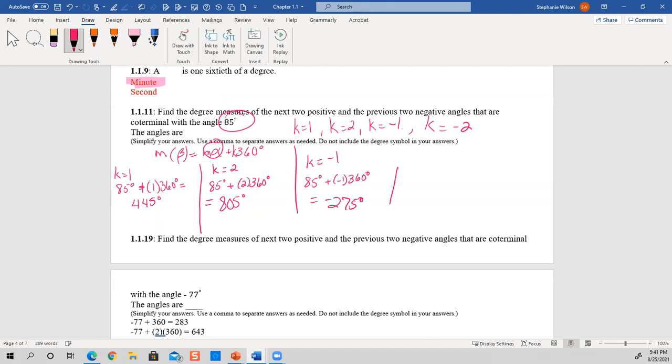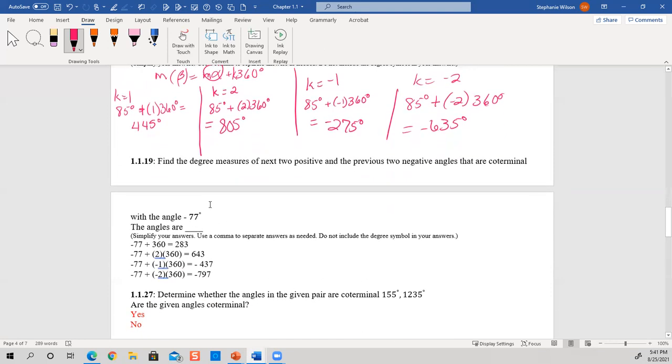And the last one, when k equals -2. -635. Very good, yes, that's what I got. Awesome. So it's not too bad, right? Therefore, all these are coterminal to my 85 degrees. So they'll be the coterminal angles of the 85 degrees when k is at all these points.